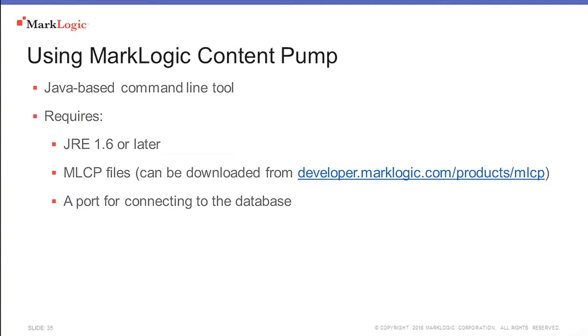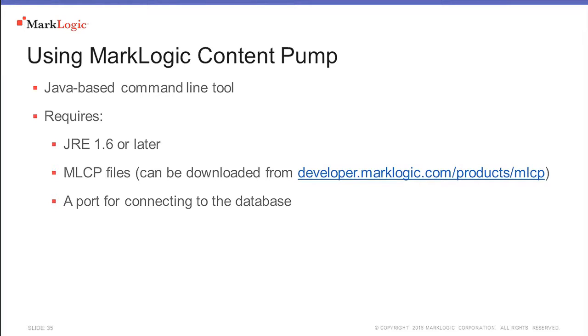All right, so to use MarkLogic Content Pump to load our documents, we need Java runtime 1.6 or later, which I've already got on my machine. And we need the MLCP files. This is an open source project, which we could download from developer.marklogic.com/product/MLCP. I've already got those files on my machine.